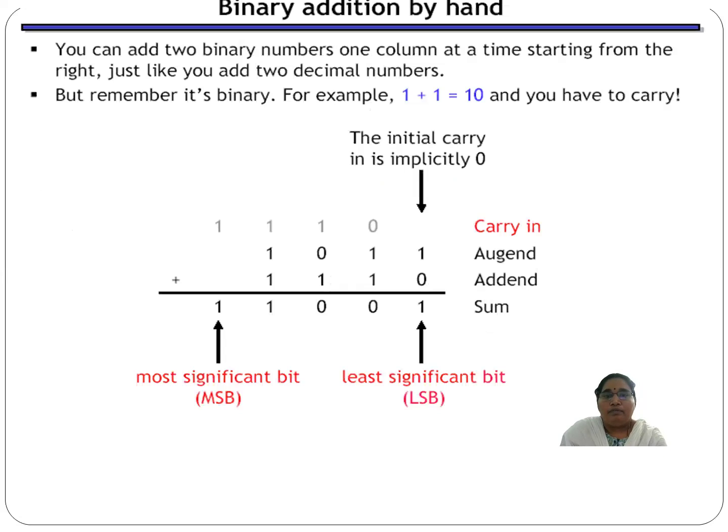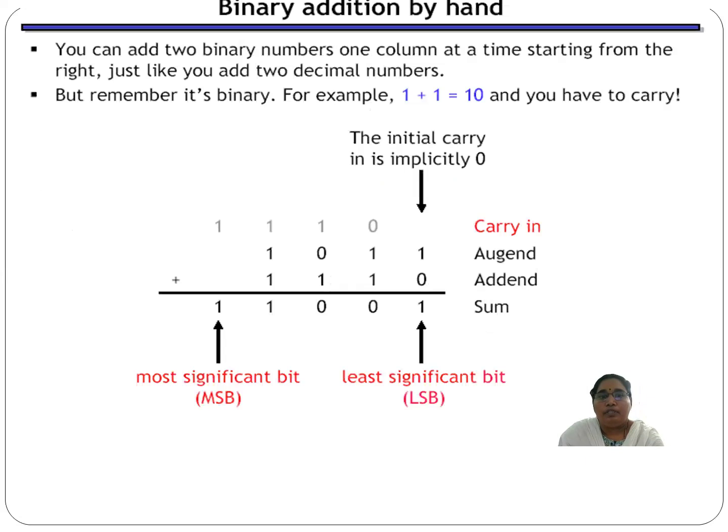Now we know how to perform addition in normal day-to-day life. But here we will discuss the addition of binary numbers, that is, zeros and ones. If you have two binary numbers which consist of only zeros and ones, then we need to add like this.